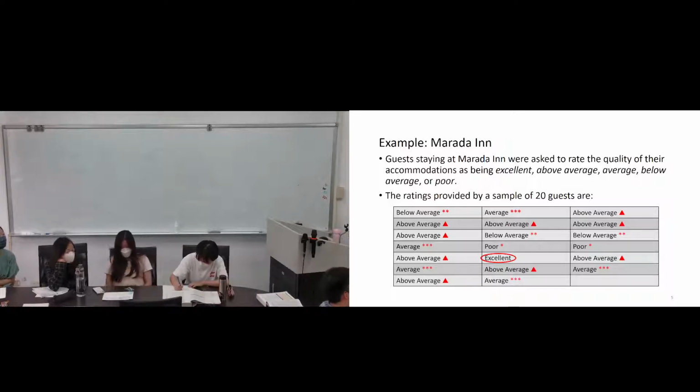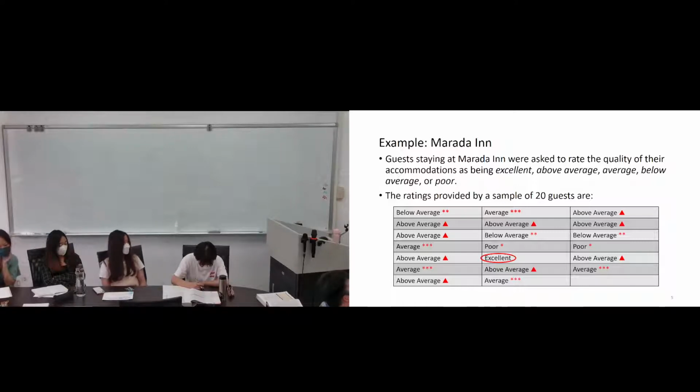Nine. Average? 1, 2, 3, 4, 5. Below average? 1, 2, 3. Poor? 1, 2.